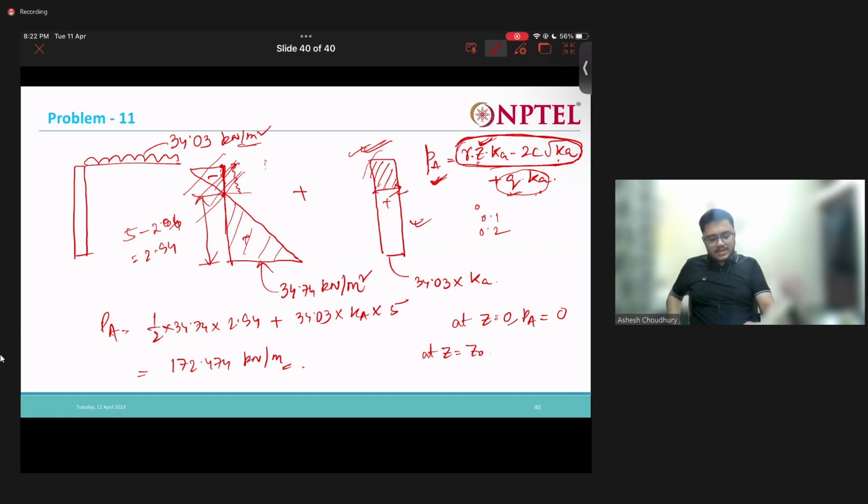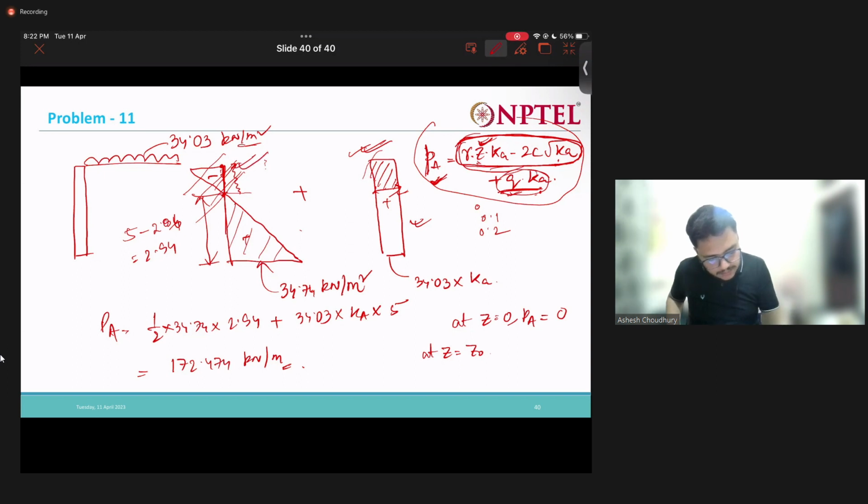So this part you understood, I guess. Because of that Q, at this part my PA, if I ignore this portion, my changed equation at any point will be this one. This plus this will give the PA. So this first portion is for this one, and for this one we have this one, right? At any point if you calculate, for up to the depth Z, not only the effect of our surcharge is taken.